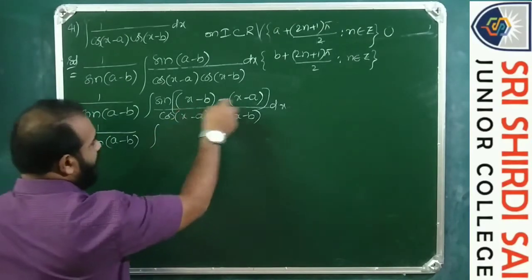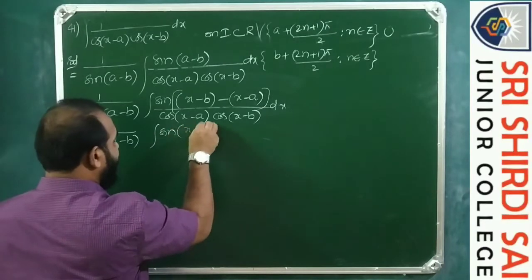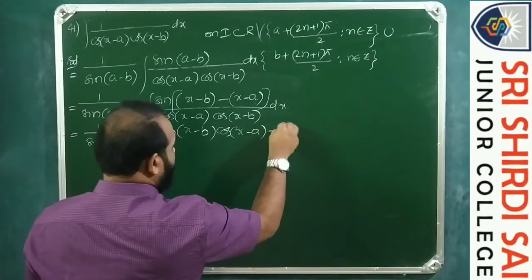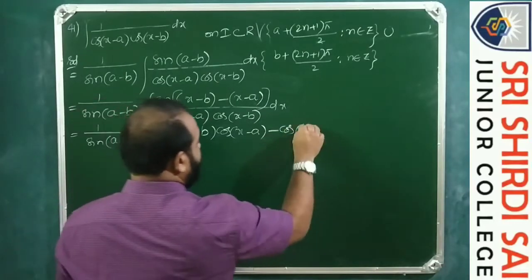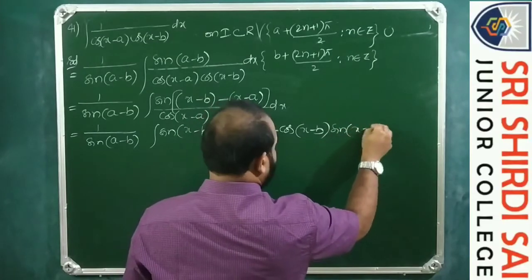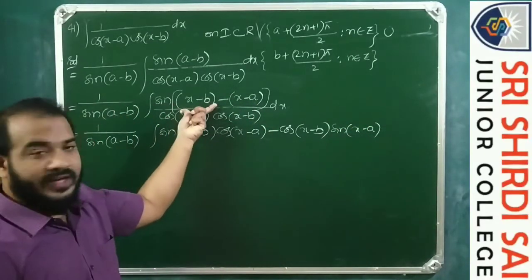So sin of a minus b is sin a cos b minus cos a sin b. This I have treated to be a, and this is b.